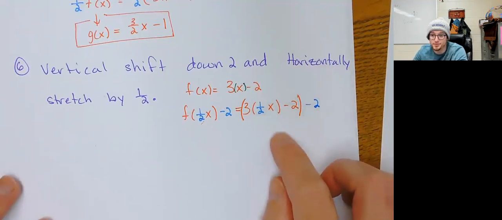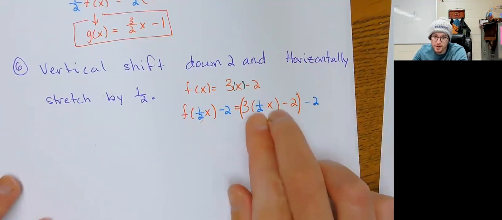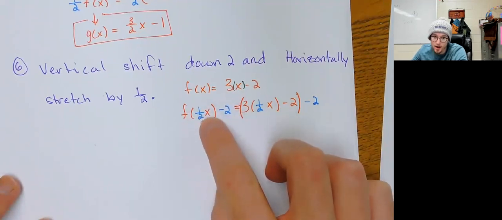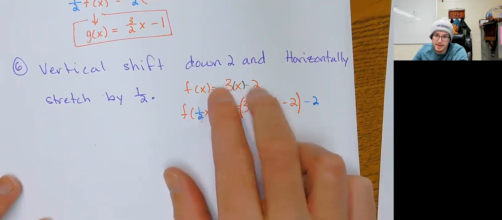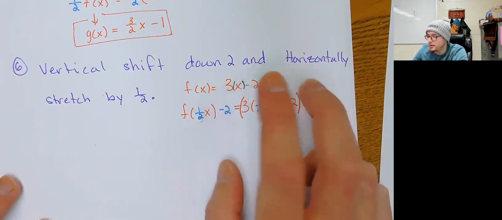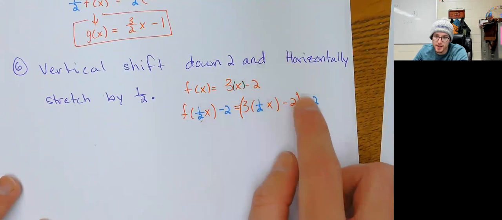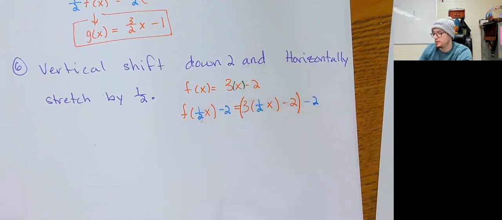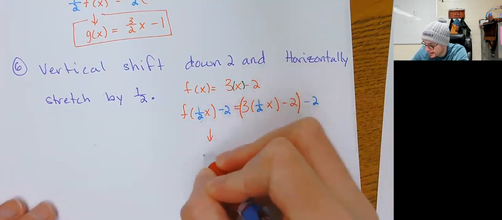So I put parentheses around the variable so that I could do something to the inside, but then I also had to put parentheses around the entire function, so that I could subtract something off of the entire function. Fun stuff. All right, so we now have g of x.